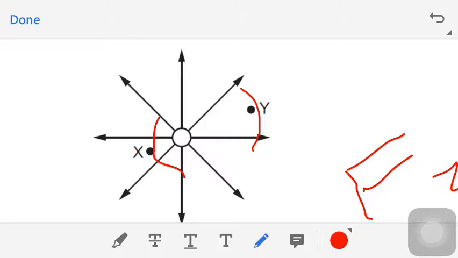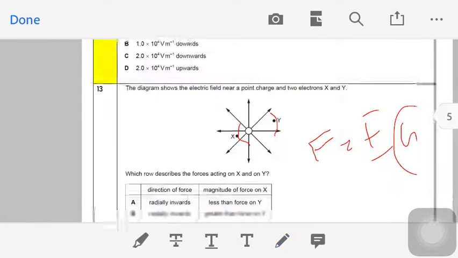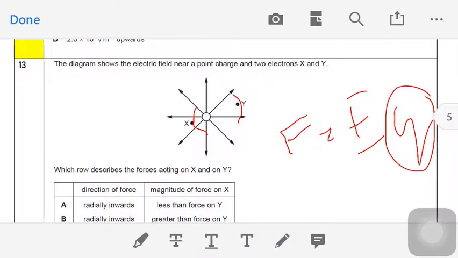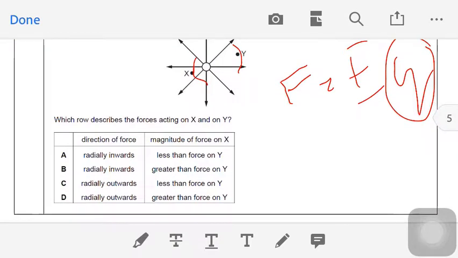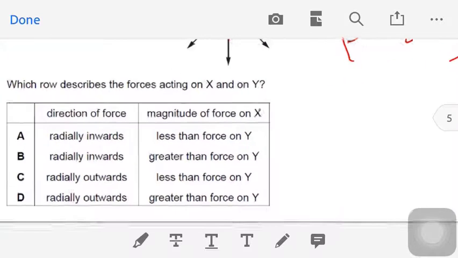We learned that the gap between the electric field lines gives the electric field strength, so closer lines mean a greater strength. Hence X has a greater electric field, so X will experience a greater electric force. So the magnitude of force on X is greater than force on Y, so answer B.